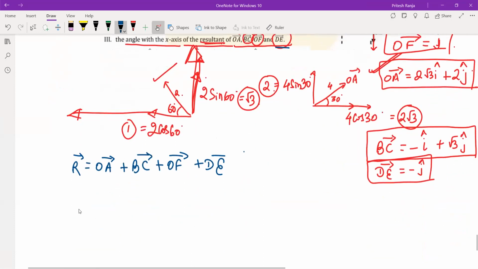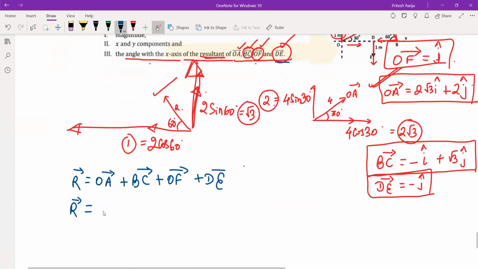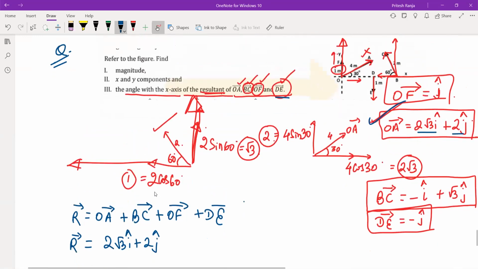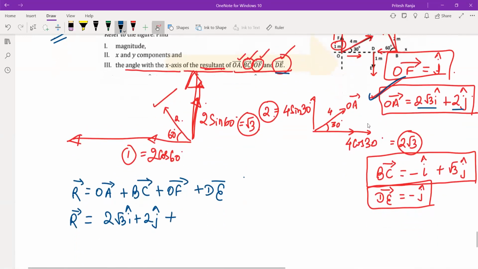So let us put the values here. OA vector is 2 root 3 i cap plus 2 j cap. And BC vector is root 3 j cap minus i cap.